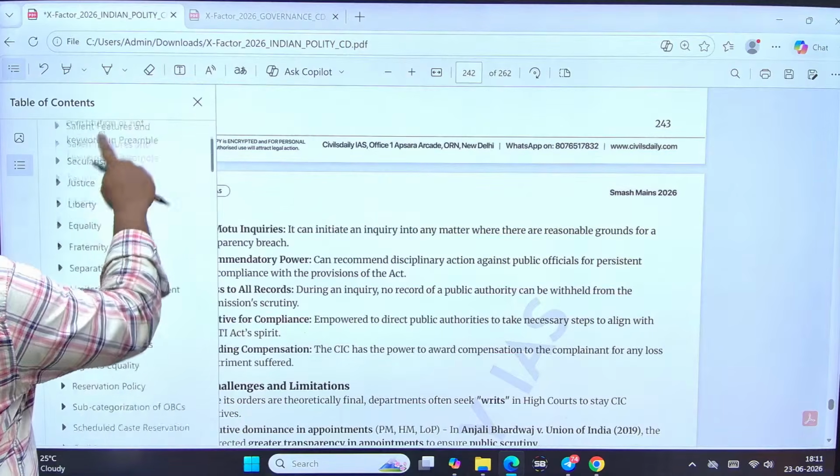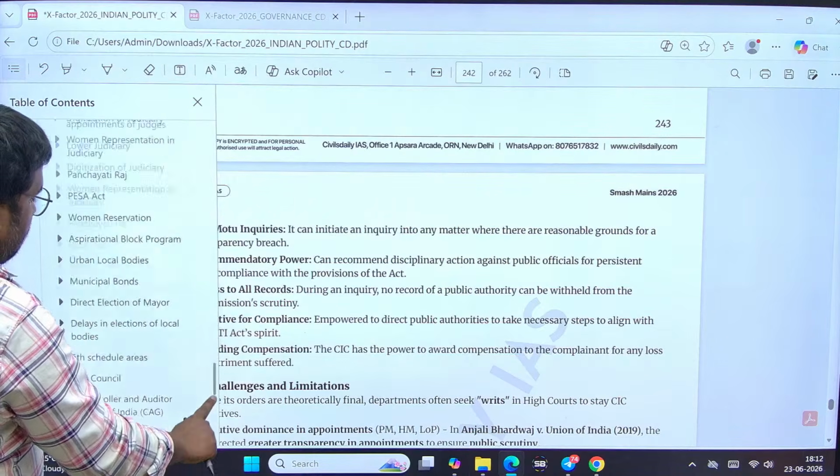Last topic is comparison of the Constitution.